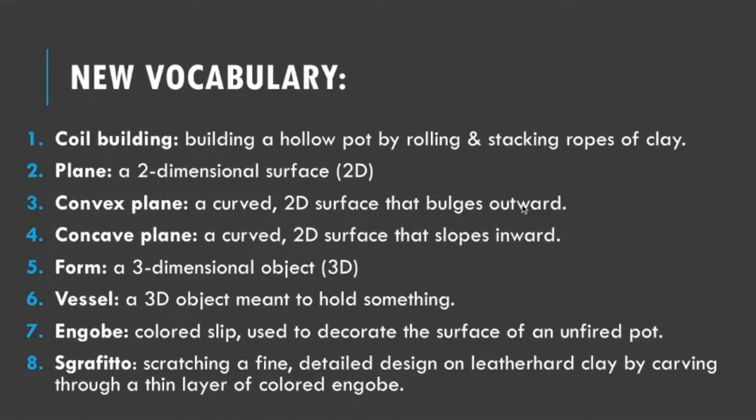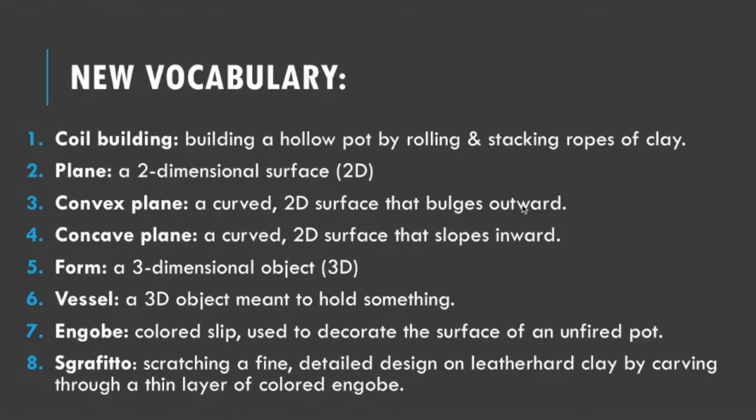Final term is sgraffito. It's a Latin term that's fun to say, sgraffito. Sgraffito is a term that means scratching a fine, detailed design on leather hard clay by carving through a thin layer of colored engobe. So sgraffito is just one of the techniques you might use on your vase with your engobe.